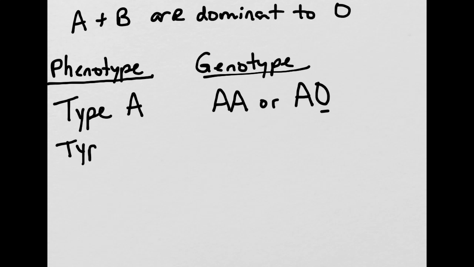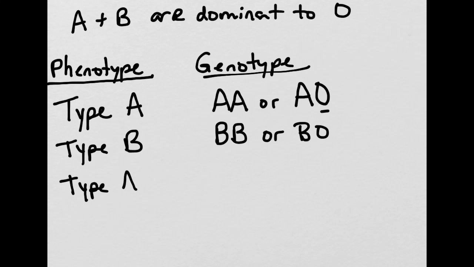If a person is type B, what is their possible genotype? Homozygous for B or BO. If a person is type AB, you only get two alleles, so it tells you what they are. Their genotype is AB.